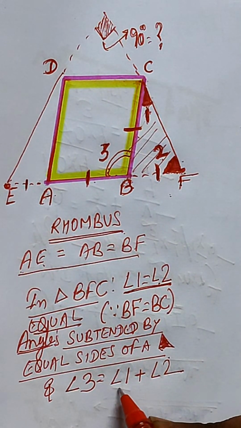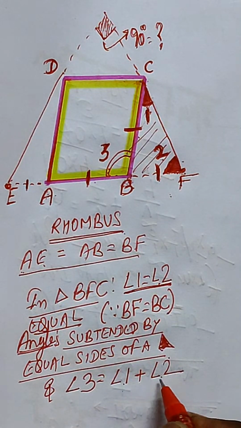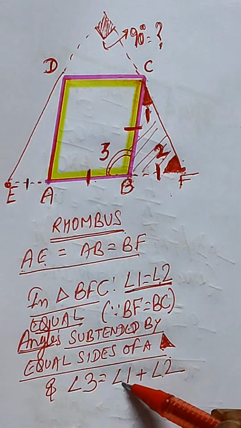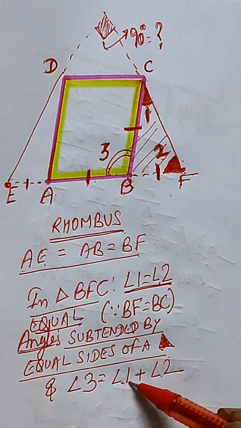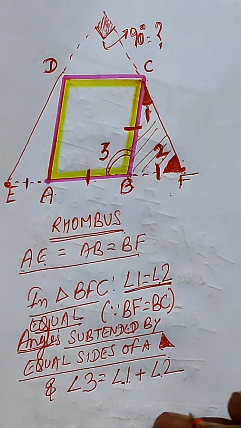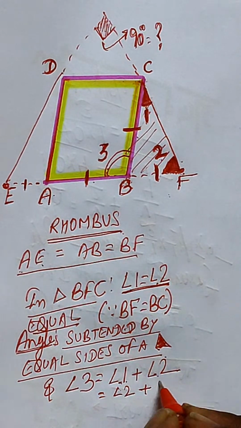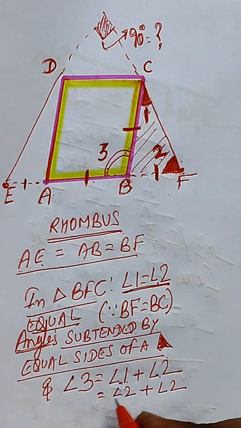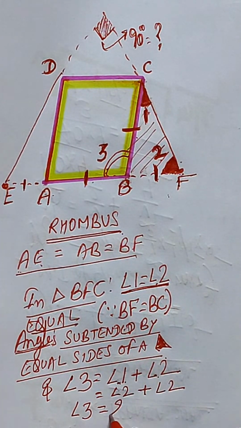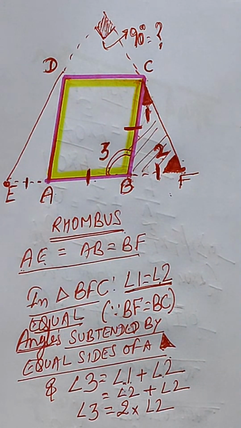So rather than putting angle 1 plus angle 2, in place of angle 1 write angle 2. So we can write angle 2 plus angle 2. Then we are left with angle 3, which is equal to 2 times angle 2, right?